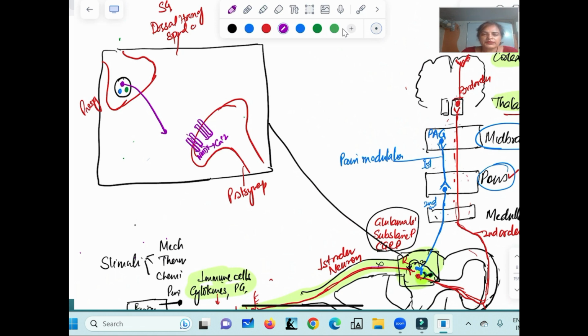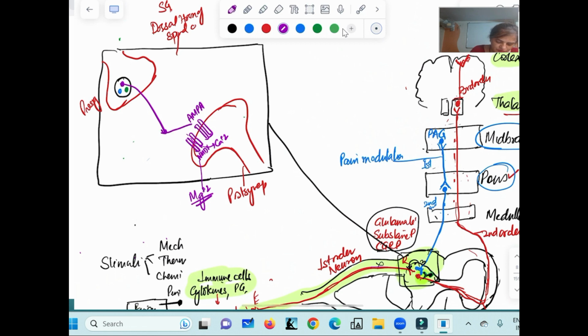Normally the NMDA receptor is blocked by one important ion, the magnesium ion. So initially there will be no influx of calcium ion, but with the AMPA receptor there is no blockade.